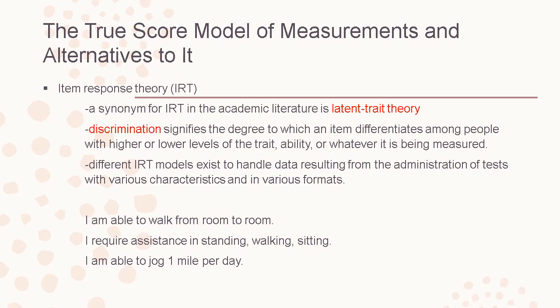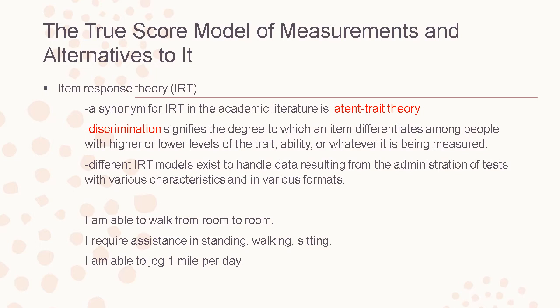Example: I am able to walk from room to room. I require assistance in standing, walking, and sitting. I am able to jog 1 mile per day. In CTT, this may be measured as 1 for mobility or 0 for lack of mobility. So, 1 for the first sentence, 0 for the second sentence, and 1 for the third sentence.